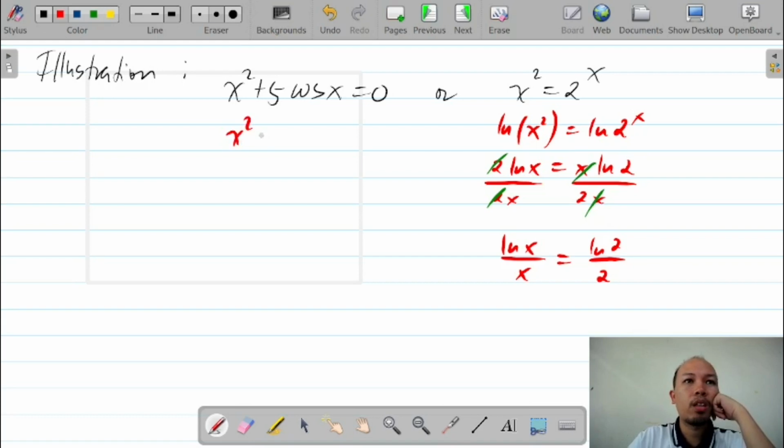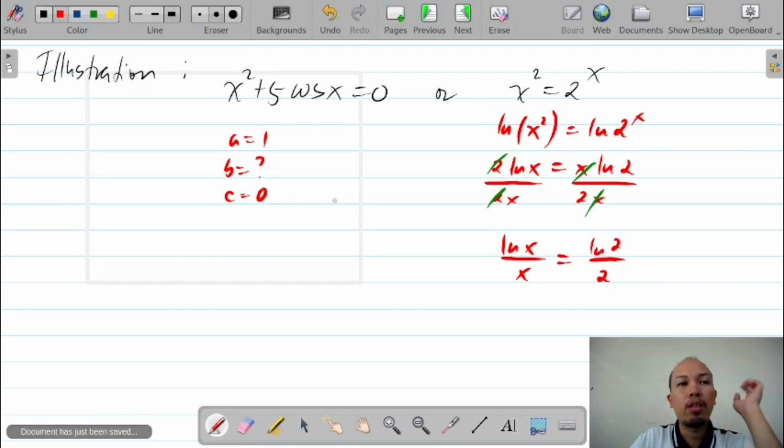You have x squared, so our a is 1, but we cannot identify our b, and our c is of course 0. So we cannot use the quadratic formula or factoring.